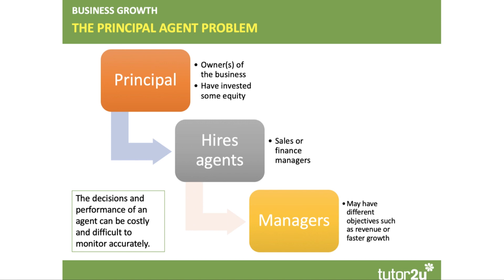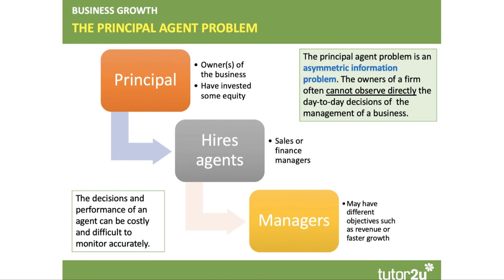They hand over the control of the day-to-day running of a business to managers. We call those agents. And the two parties' objectives may not necessarily be aligned. And of course, it's not easy to observe directly what the managers are doing. The principal agent problem is essentially an information problem, an asymmetric information issue, where the owners of a firm cannot observe directly the day-to-day decisions of the management of a business.